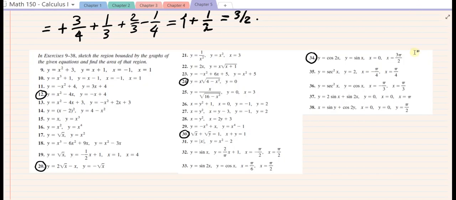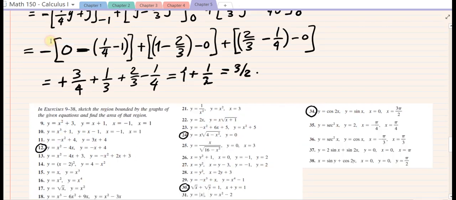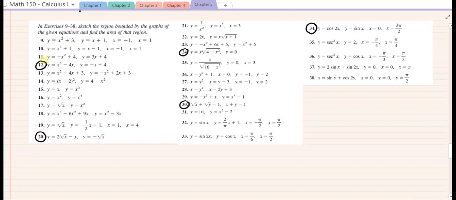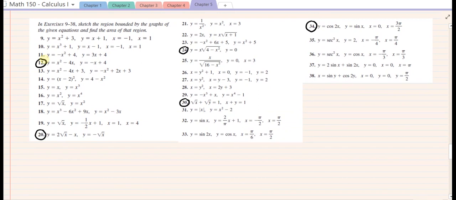All right. So what I have done now is I have brought up some of these exercises that we're going to look at together. The ones I have circled are the ones we're going to work together here. Let's begin with our first exercise, number 12.